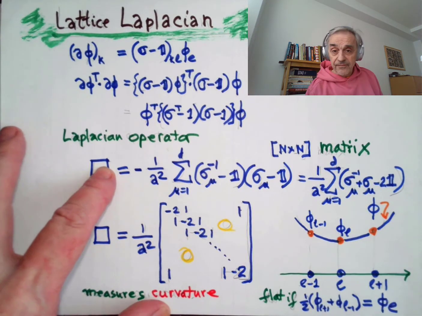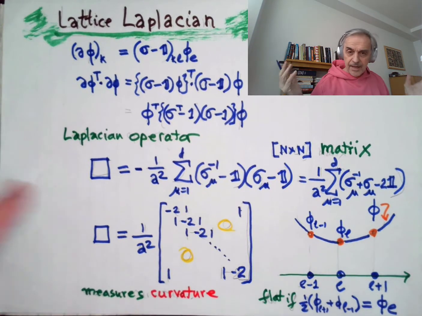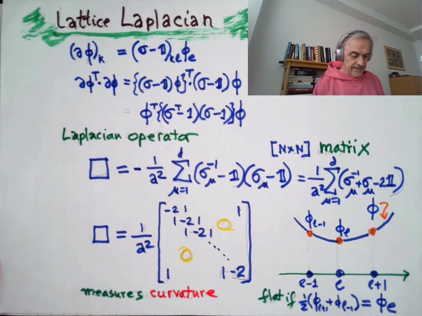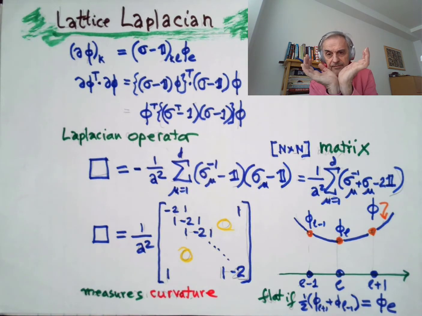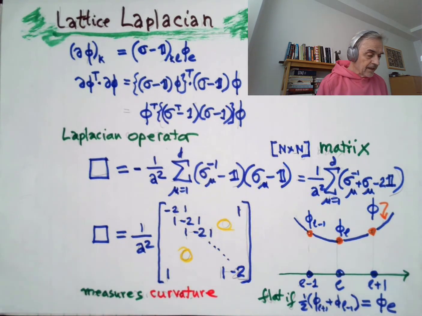So this is flat. But if the average of the left and right point is different than the point in the middle, then we have a curved situation. We're either curving up if the average is high or curving down if the average is down. So that's what the Laplacian does. It measures curvature.